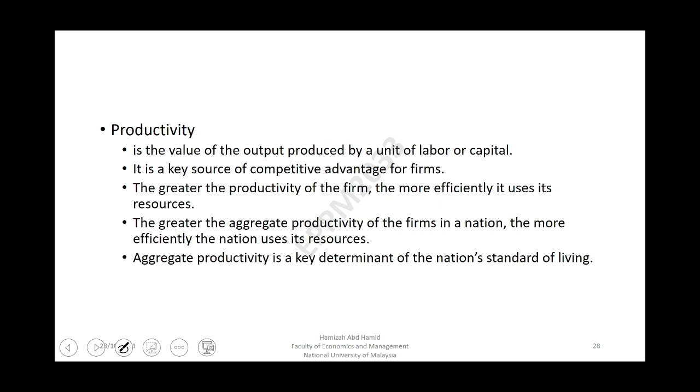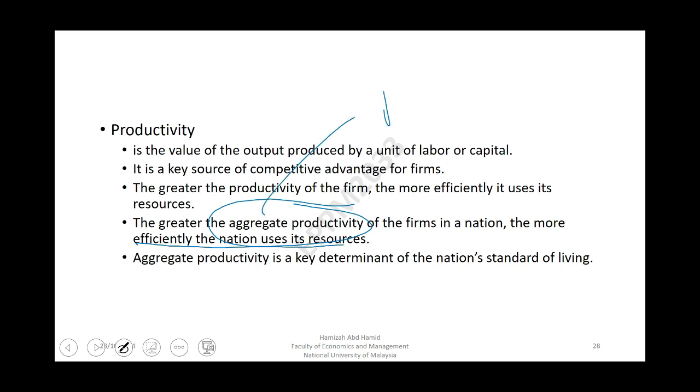Productivity is the value of output produced by a unit of labour or capital. It is also a key source of competitive advantage of nations through firms. The greater the productivity of the firm, the more efficiently it uses its resources. So, the greater the aggregate productivity of the firms in a nation, the more efficiently the nation uses its resources.